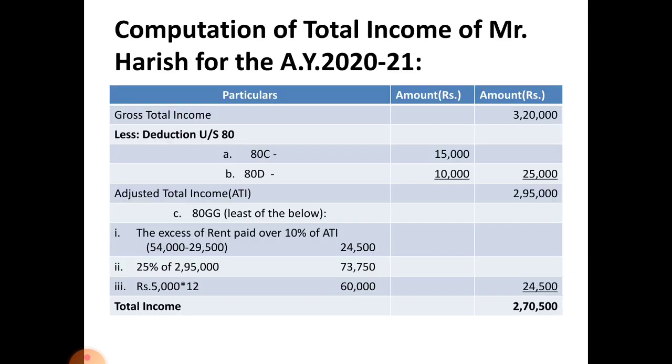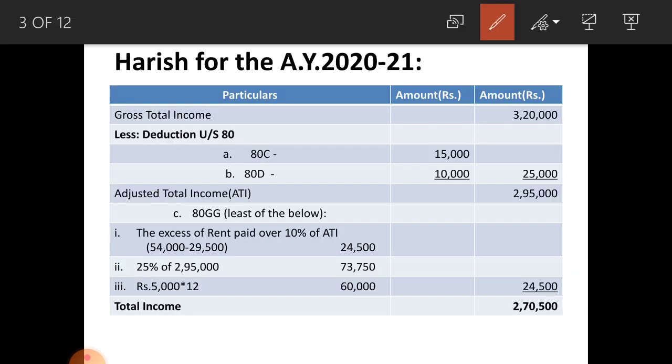Here adjusted total income you already calculated, 2,95,000 rupees. Next deduction is 80 GG. The least of the below you have to deduct. First, the excess of rent paid over 10% of adjusted total income.